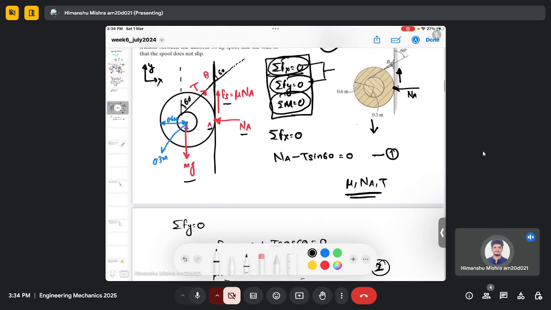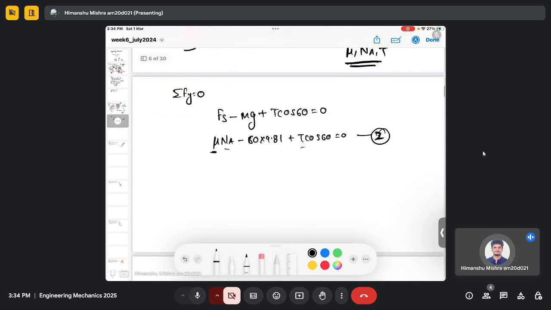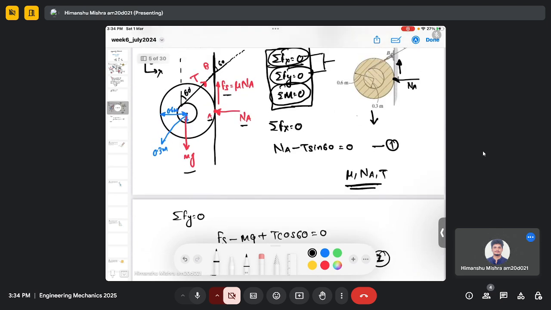So if I consider point A, and take the moment at point A, then the summation of moments due to all forces should be equal to 0 at point A. Here I will have a moment due to the mg weight, because it has a perpendicular distance, and then I will have moments due to the tension components.